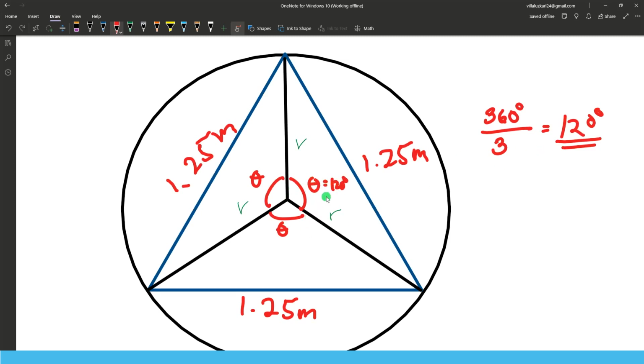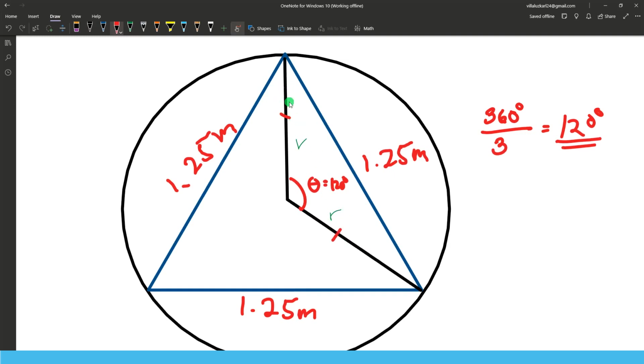Focusing on this smaller triangle, we have two equal sides, which are the radius of the circle.